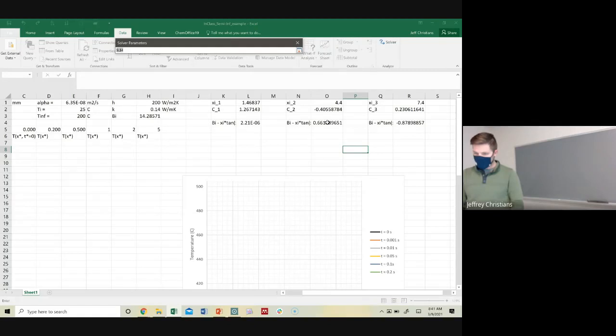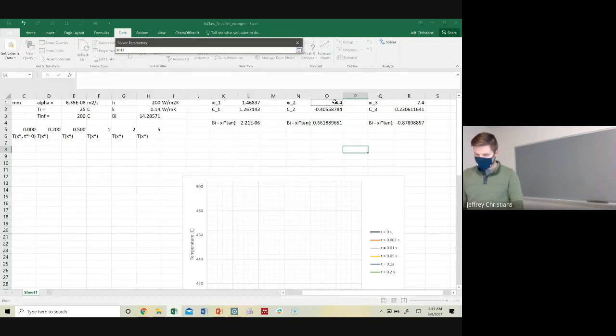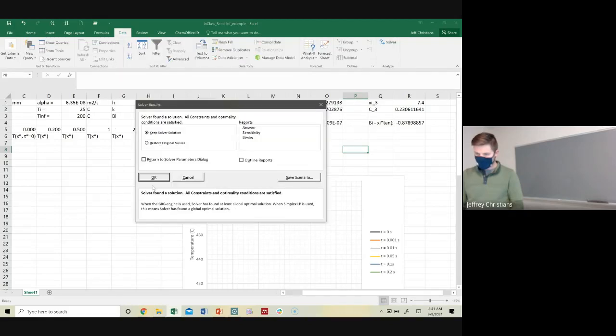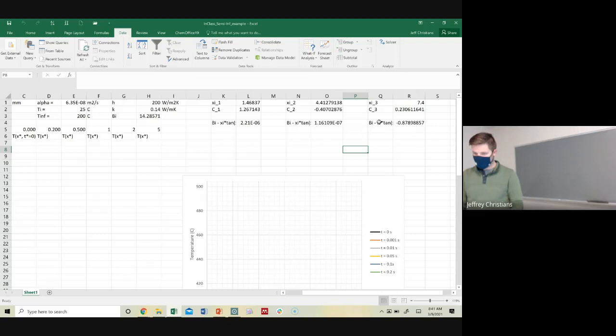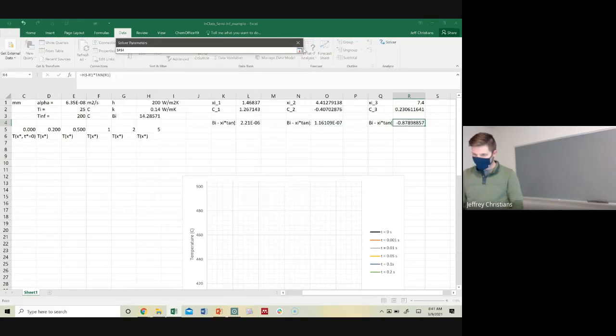So I'll set my objective here by changing this guy. Solve it. Okay, so then I'll set my objective here. Change this.